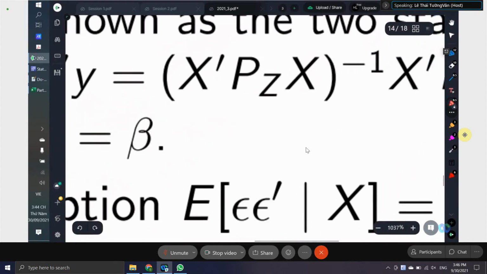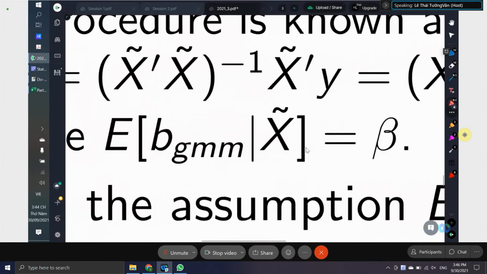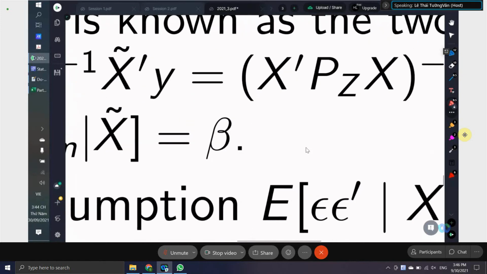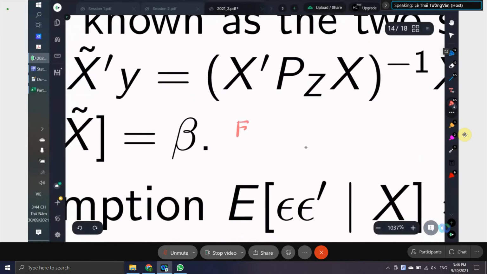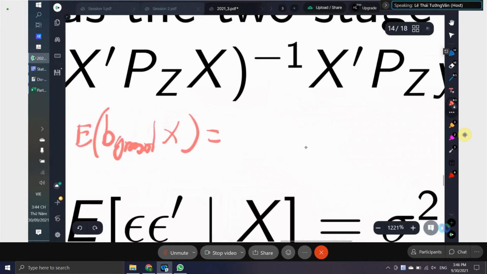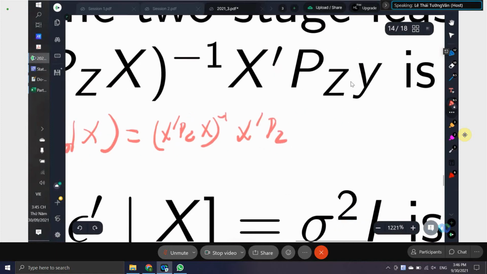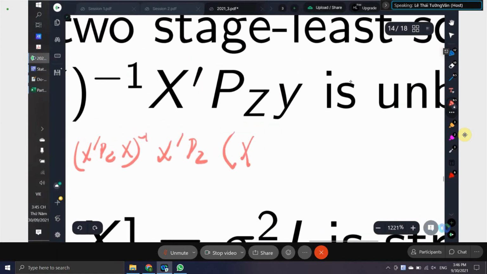You may notice here, the expectation of beta GMM given x is equal to (x prime Pz x) to the minus 1, x prime Pz. Now down here y I will replace with x beta plus epsilon.